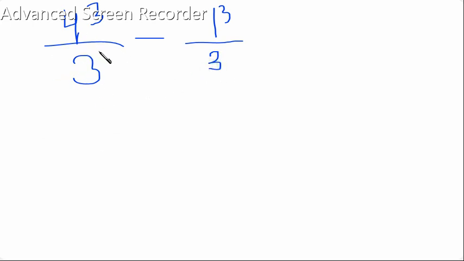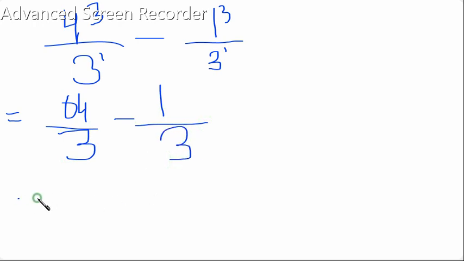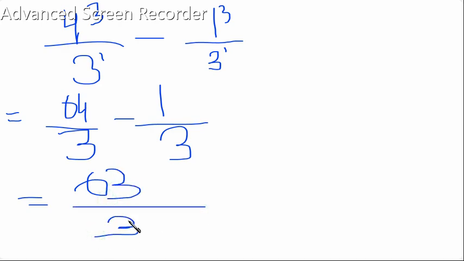As the power is 1 I have written only 3, but you can also write 1 for better showing. 4 cubed equals 64, so we get 64 divided by 3 minus 1 divided by 3, as 1 cube is 1. If we subtract, we get 63 by 3, which is directly 21.